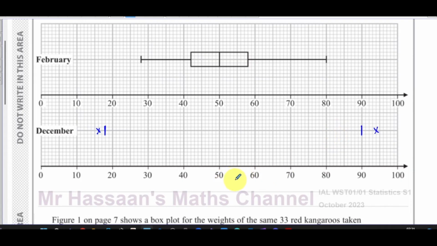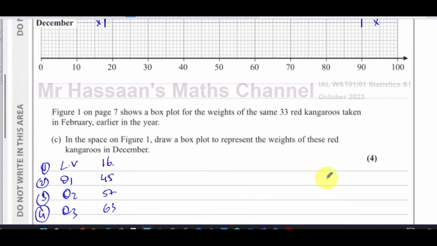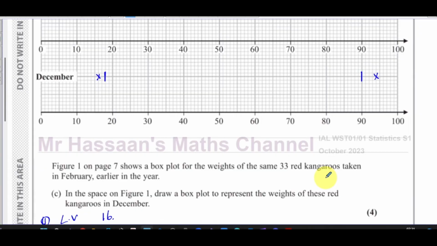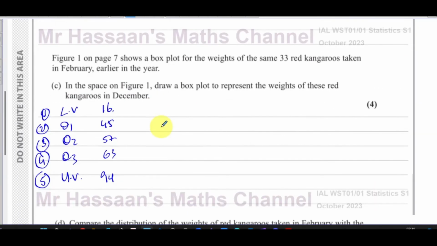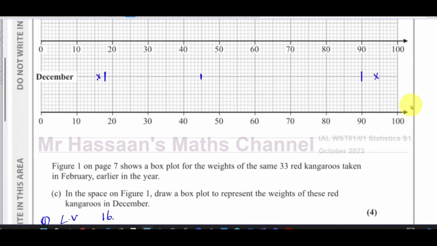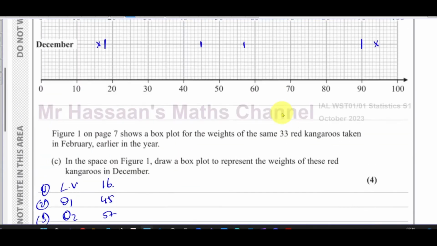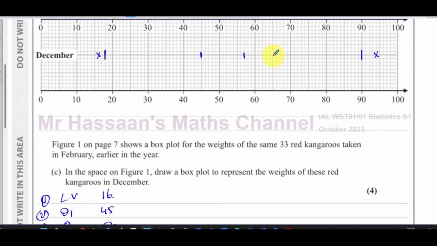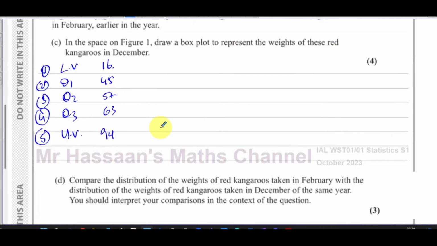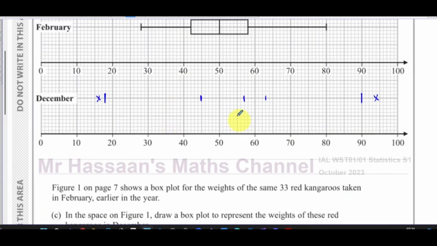Now, we have the lower quartile, which is 45. So that's the lower quartile. Then we have the median, which is 57. That's 55, 56, 57. Okay, that's the median. And then we have the upper quartile, which is 63. That's 65, 63. Okay, and that's what we need. So I'm going to make my box between these values here. So I'll draw my box there.